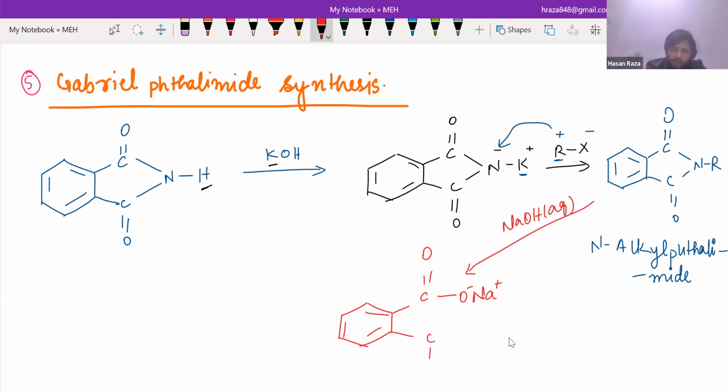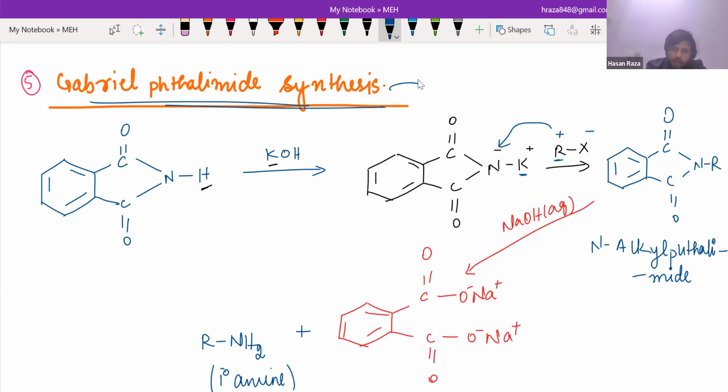And the main product I'm going to write here, that is primary amine. And this Gabriel phthalimide synthesis is used to prepare primary amine. Is that clear?